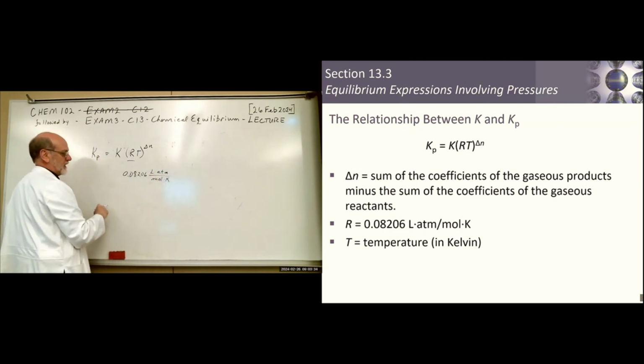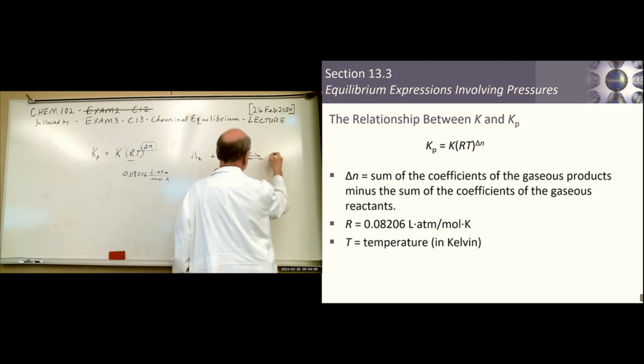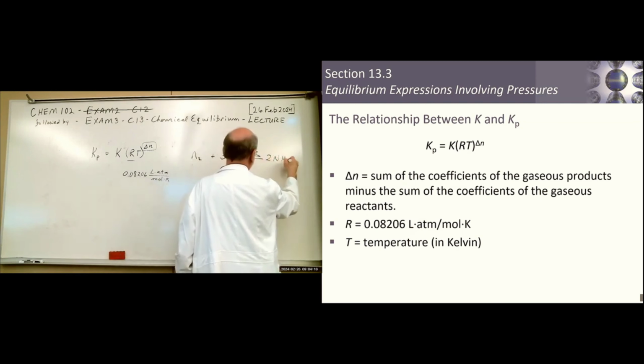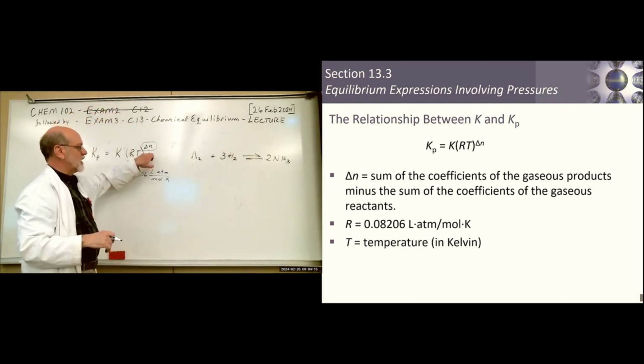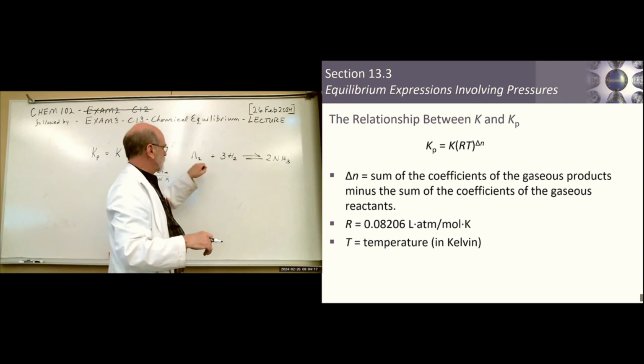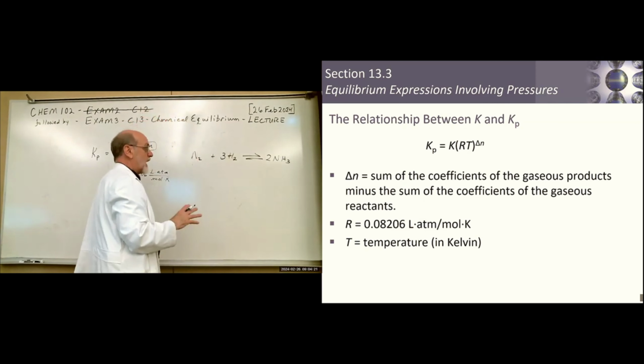All right, so temperature has to be in Kelvin, obviously, but what do we mean by this figure right there? Well, if we look at that equation again, we have nitrogen plus hydrogen yields ammonia. And those are all gases, of course. The change in moles is it went from this one to that one. So how did it change?